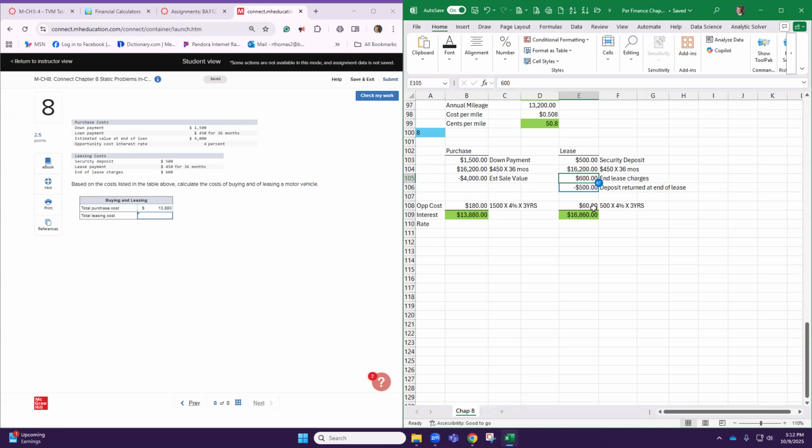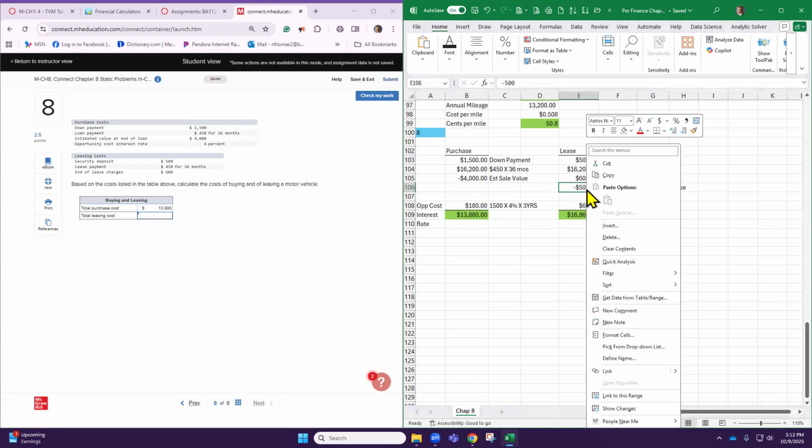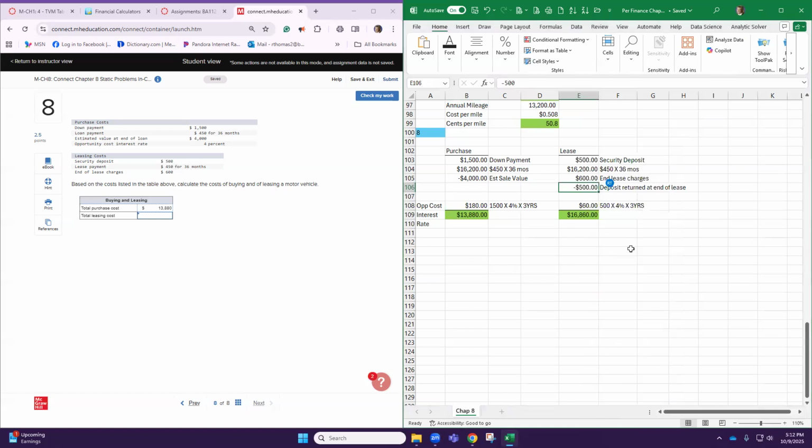So anyway, and then they want the opportunity cost of the $500 being returned at the end of the 3 years. So the $500 times 4% times 3 years is $60 of interest that we've missed out on by using the $500 as a security deposit.